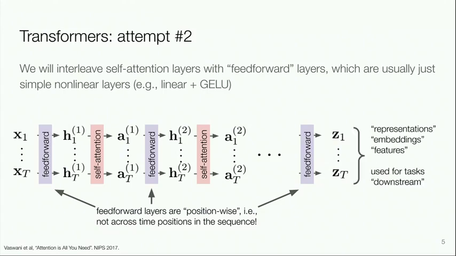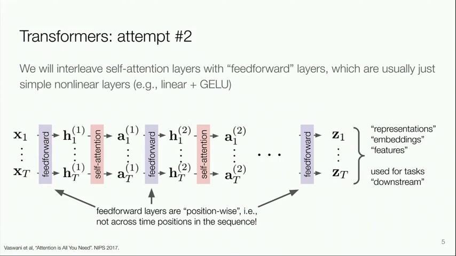A lot of the times, and we're going to define this in a little bit more detail, if I produce these Z1 through Z capital T, people call these different terms based on the particular application that they're working on. These can be called representations. It's like a representation of the original data that's hopefully a little bit easier to work with. Or embeddings, they might be lower dimensional, or features. You know, we've used all of these terms before. This is what people typically think of when they're using a transformer to process an input, right?